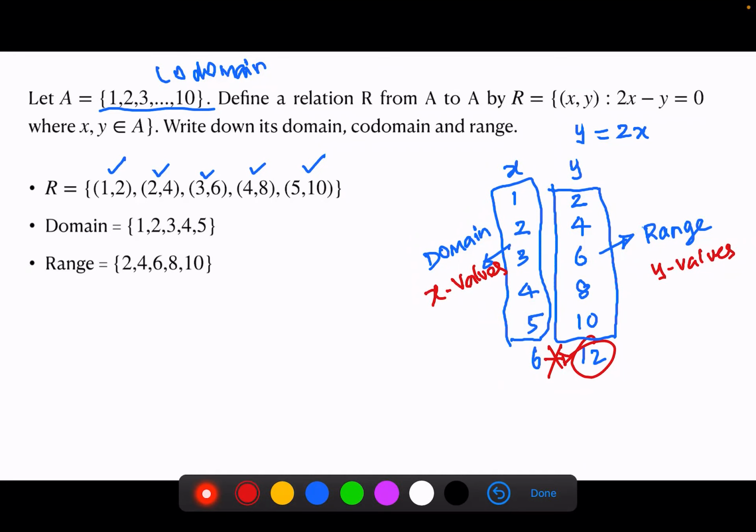Usually not all y values are connected with x values, so your codomain may contain a few elements which are not connected.